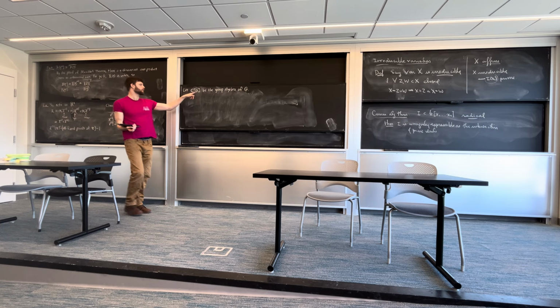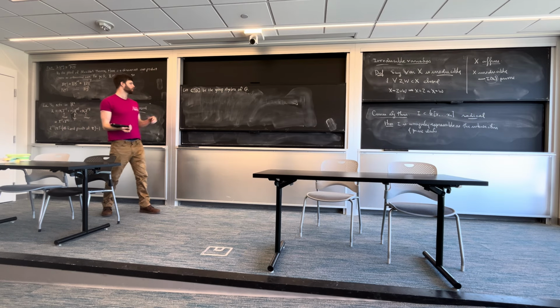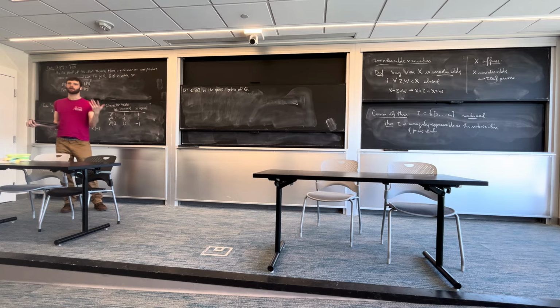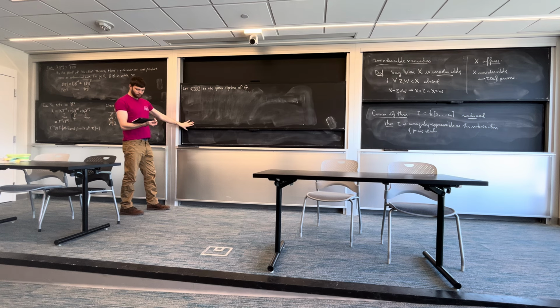So in particular, you can think of the elements of G as giving you a basis, like a linear basis of this space, if you think of this as a vector space. But it's not just a vector space because it's also an algebra, meaning you can multiply things.